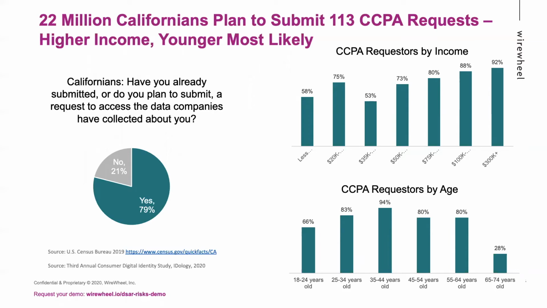And 79% say yes, they had planned one, or they have submitted one, or certainly plan to do so. So that math equals out to 28 million adult Californians that plan to do so. And ultimately, when you back out those with internet, that means 22 million.